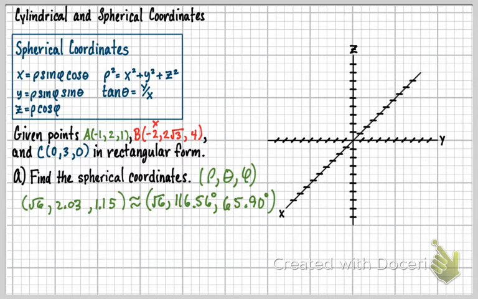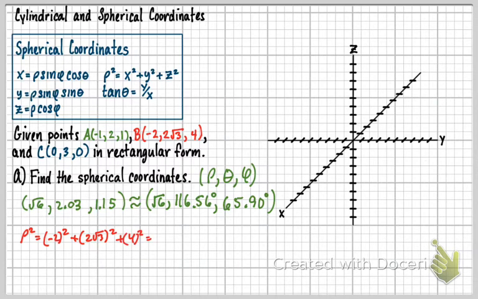So again, this is my x, this is my y, and this is my z here. And all I'm going to do is follow those same formulas. So then my rho squared is going to equal -2 squared plus 2 square root of 3 squared plus 4 squared.